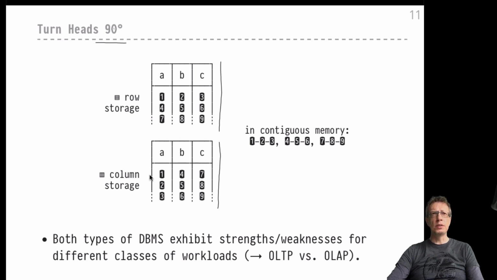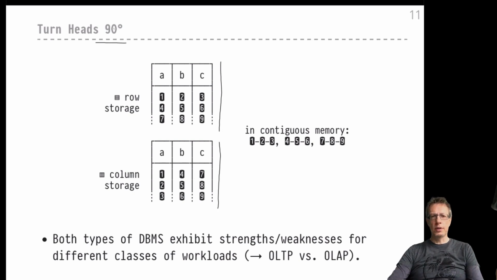In the same way, t.star requires much more effort from a column-oriented database system, because t.star would require to collect the values 1 and 4 and 7 here, and these might not be in continuous memory. They might be in different cache lines. One might have been loaded from disk already, the other two might not be in RAM. So there is some effort involved here.